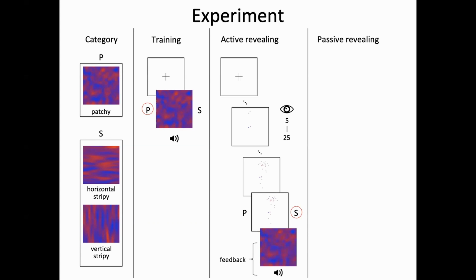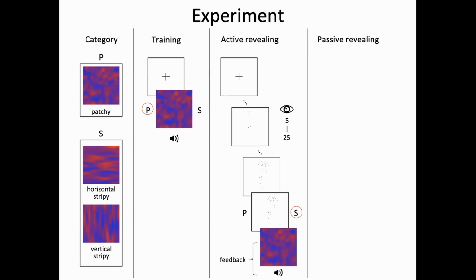The number of revealings allowed was chosen randomly from 5 to 25 in intervals of 5. This random stopping criterion was unknown to the participants and encouraged them to be greedy in their information seeking.